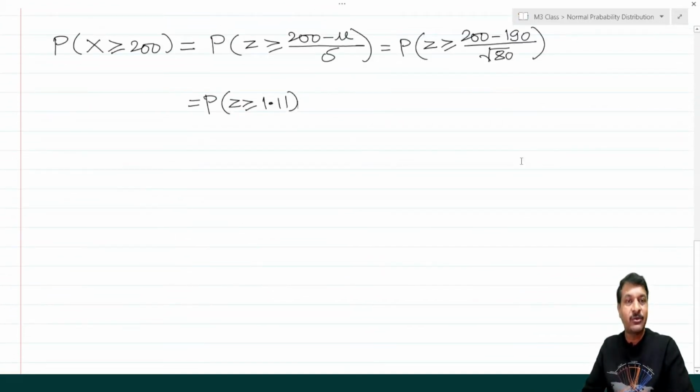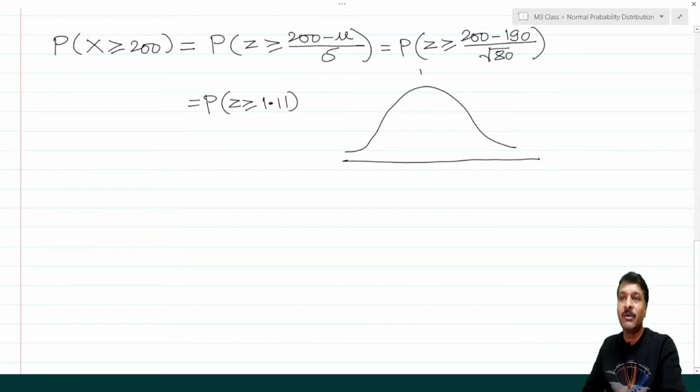And we know probability of Z is area under the curve. First you just consider this is a normal curve. Now in this case, what is the value of Z? Z equal to 1.11. So whenever Z equal to 1.11, I am getting the area from 0 to Z, means this area I am getting, right?